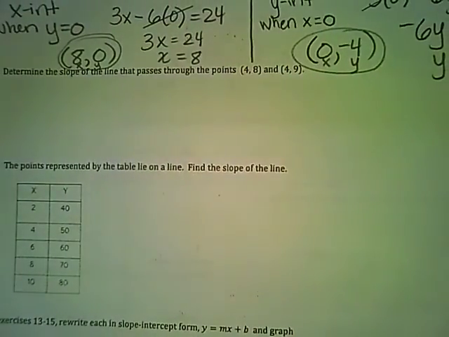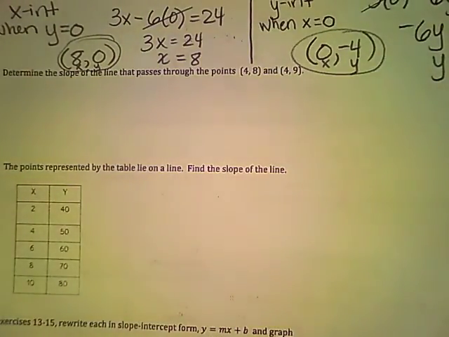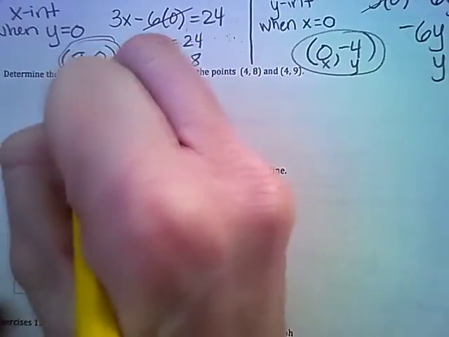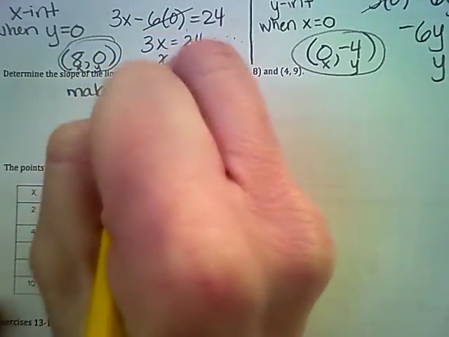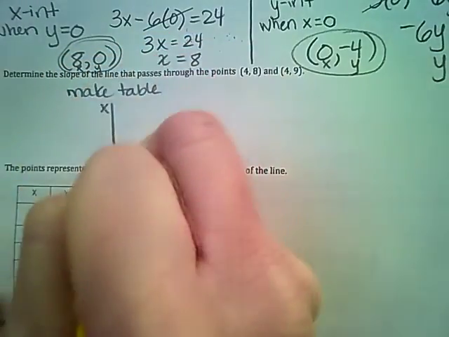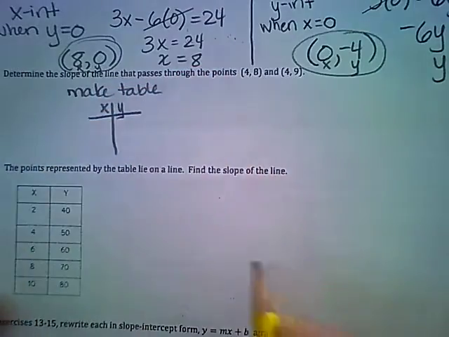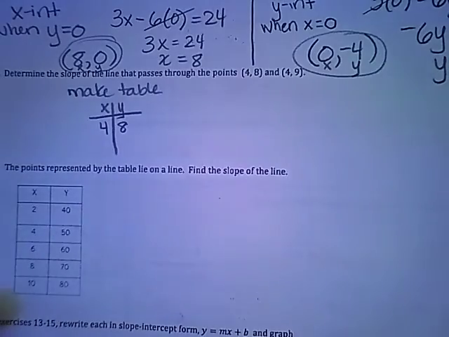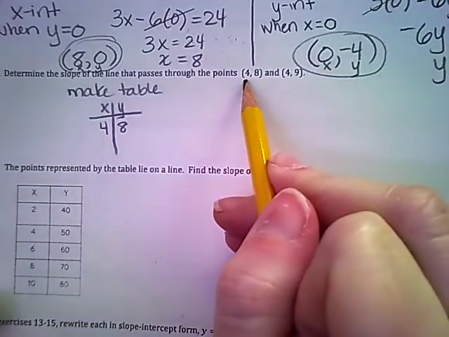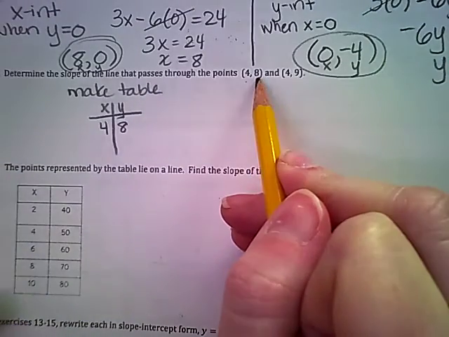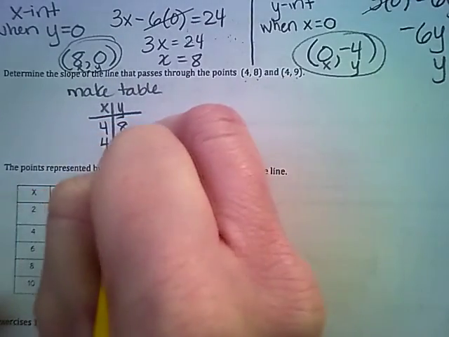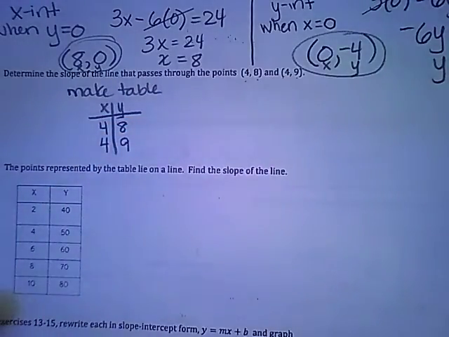Number 11. Determine the slope of the line that passes through the points 4, 8, and 4, 9. I strongly recommend making a table. Notice where I put 4, 8: 4 is an x, 8 is a y. 4, 9 is my next point: 4 is an x, 9 is the y.